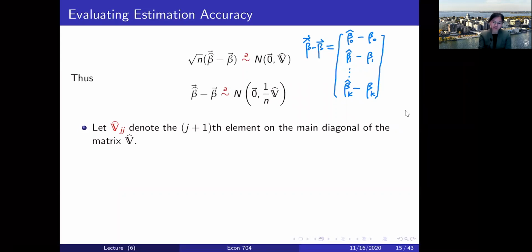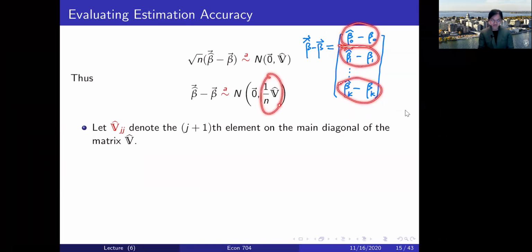And the variance-covariance matrix of this is composed of the variances of each one of these elements and the covariances between the pairs. So on the main diagonal of the approximate variance-covariance matrix, we should have the approximate variance of each of these terms.